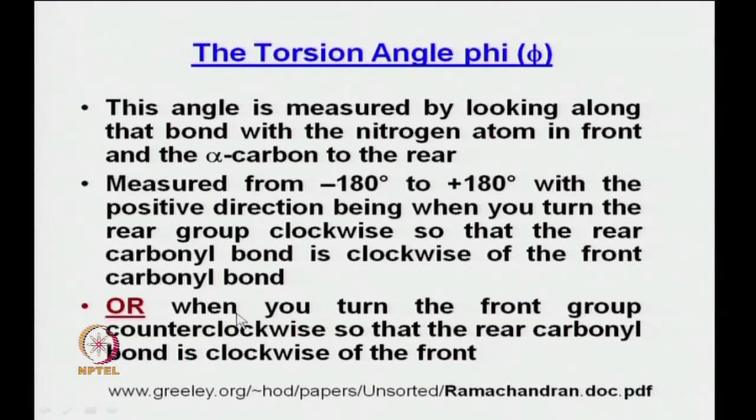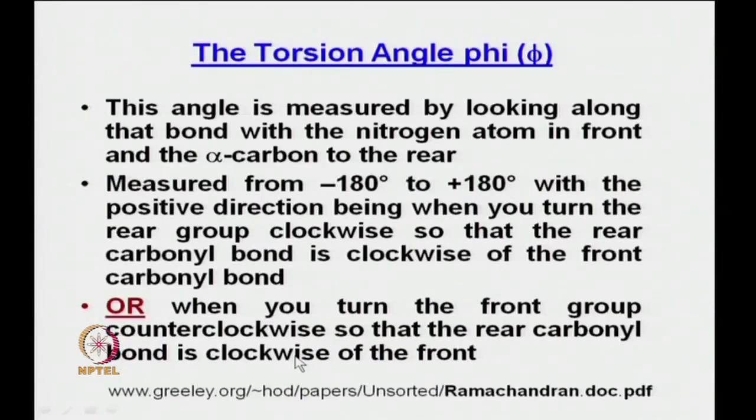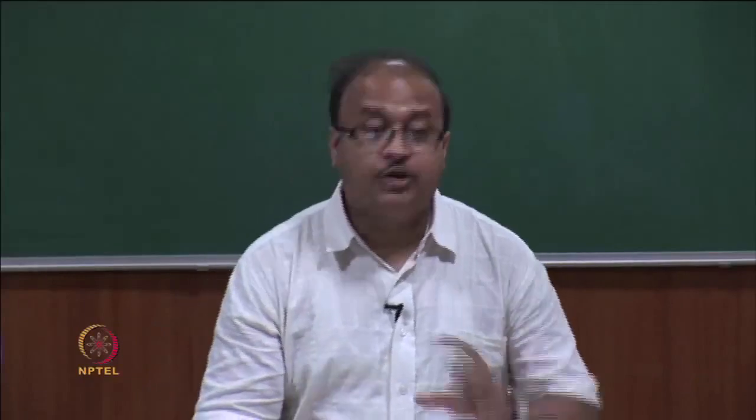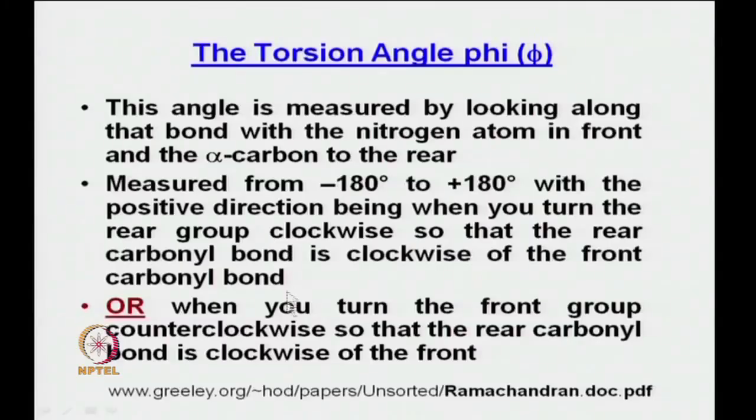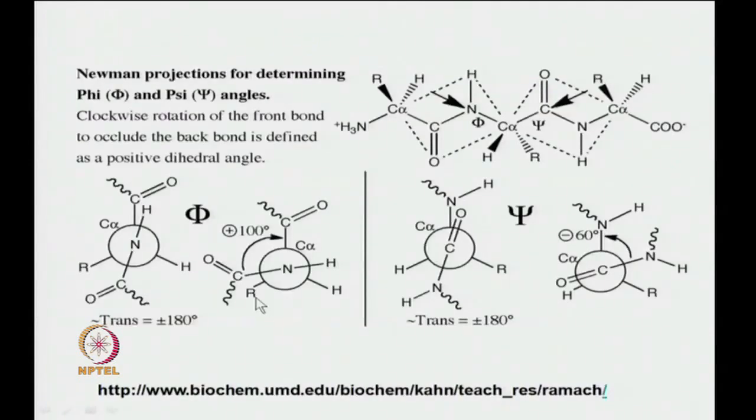Either you start tweaking the rear carbonyl or you start tweaking the front carbonyl. The rear carbonyl you tweak in a clockwise fashion, and to get the same effect with the front carbonyl you rotate it in the anti-clockwise, or counterclockwise, fashion. So, this is your rear carbonyl. Now, if I have to move it in this direction, this direction would be counterclockwise, and this direction would be clockwise.